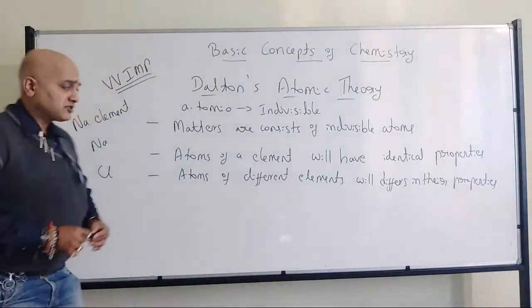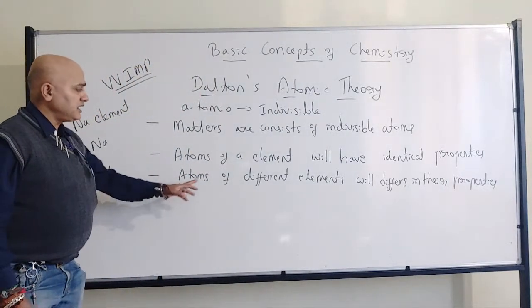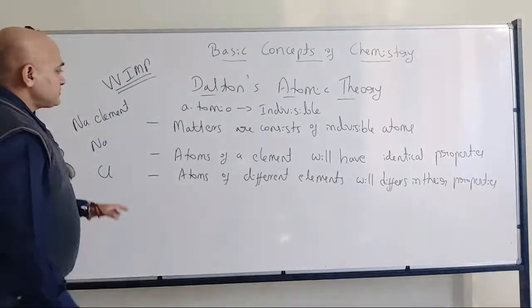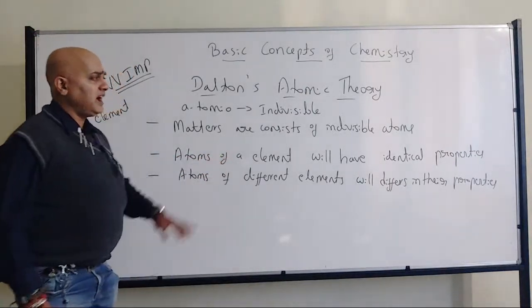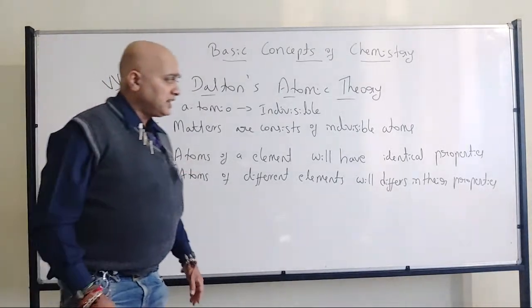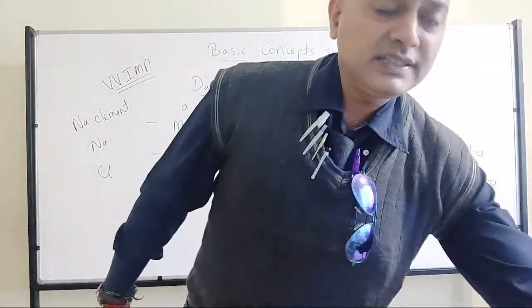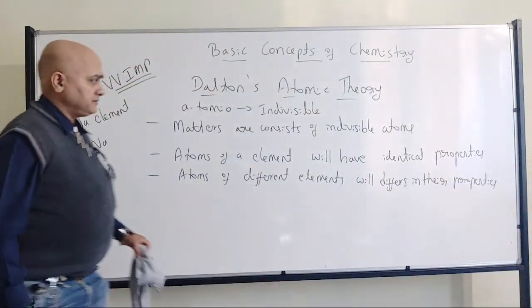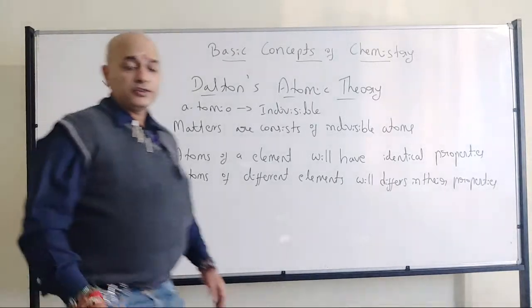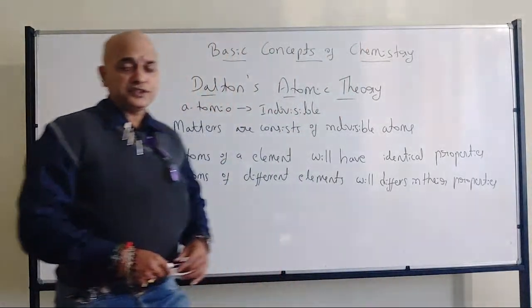All of you have understood? So in the same way you can continue, or you can make a separate point also. Anything is fine. So atoms of an element will have identical properties, and atoms of different elements will differ in their property. Okay? Anyway, I will make it as one point only to avoid confusion.